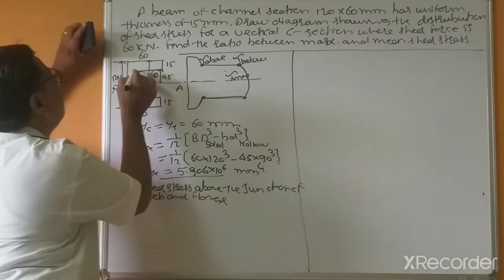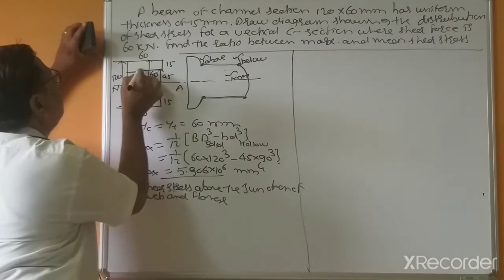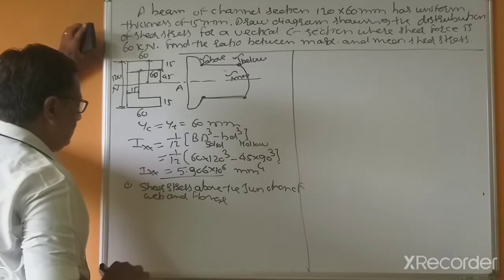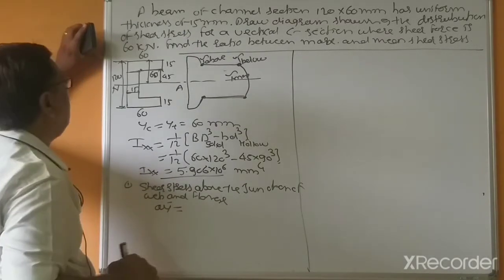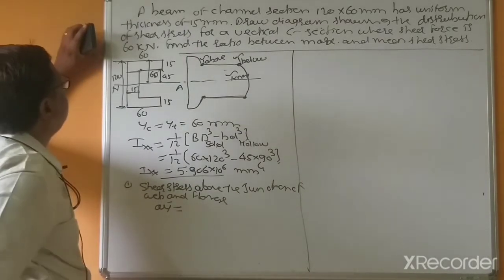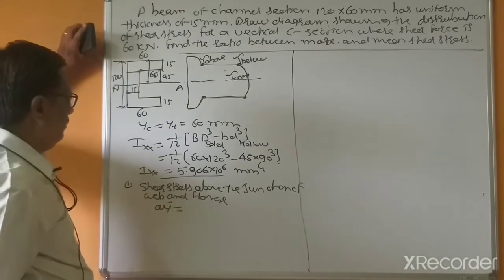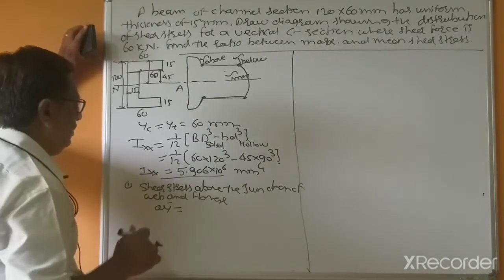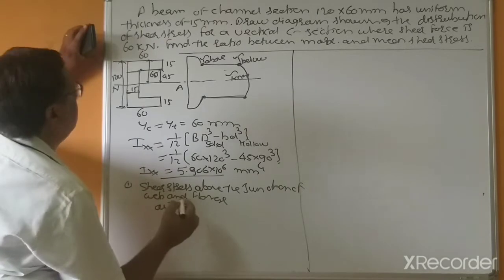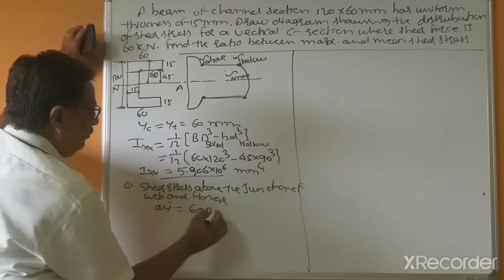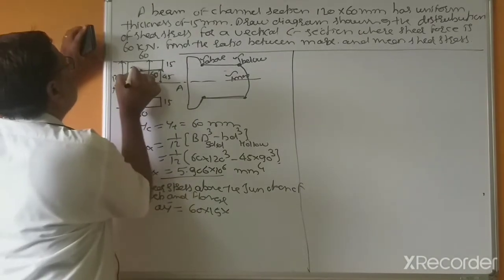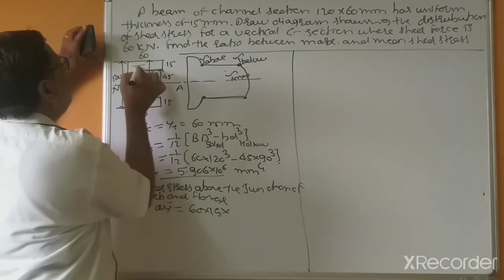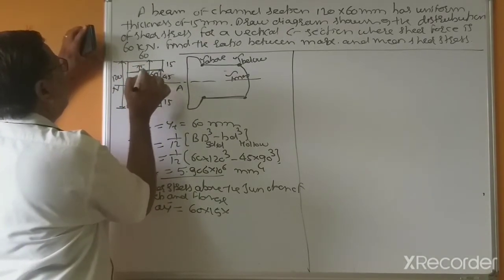So here AY bar equal to 60 into 15 multiplied by this distance, the centroidal distance, this is Y bar.